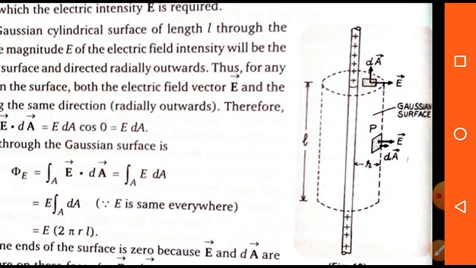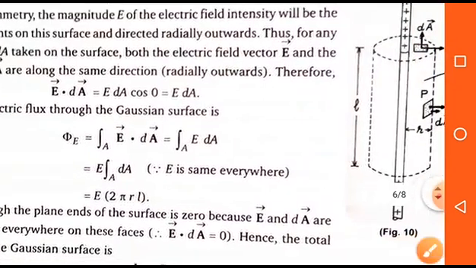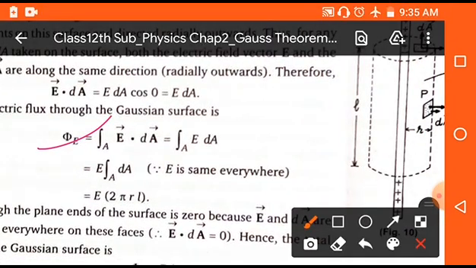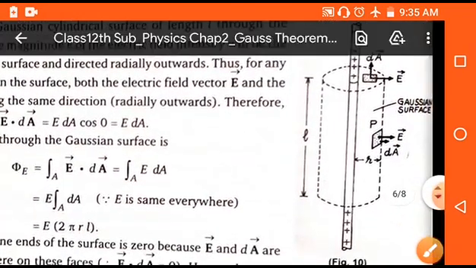So the total electric flux will be calculated at only point P. So at point P, the electric flux will be phi E is equal to integral E dA, and E dA means E into A, where A is the area of Gaussian surface, and the Gaussian surface is in the form of a cylinder.